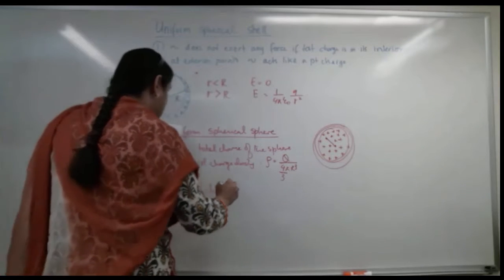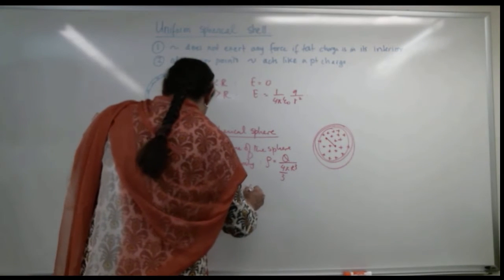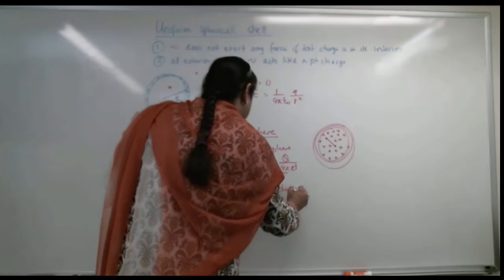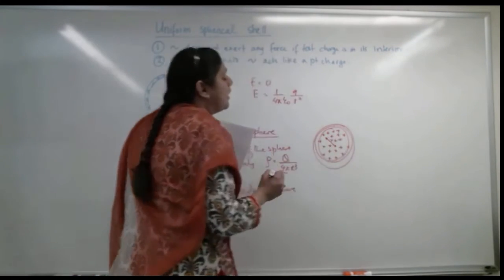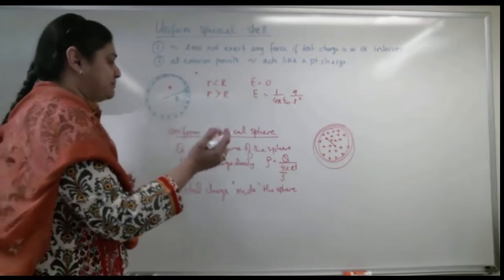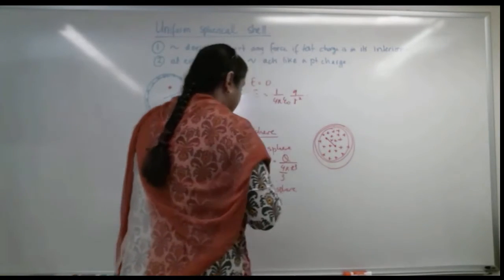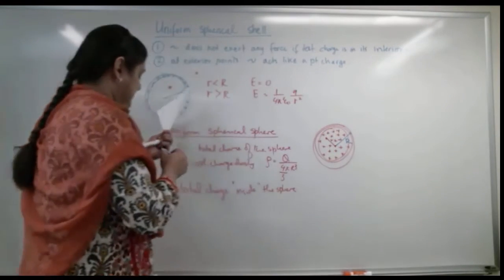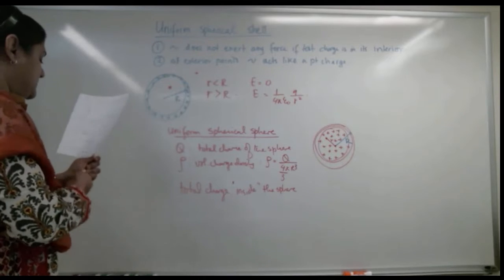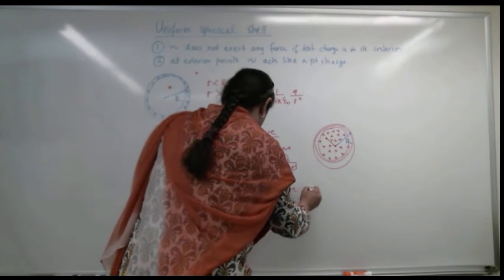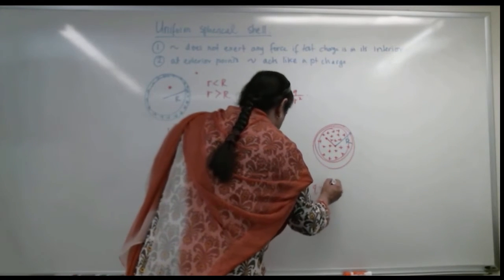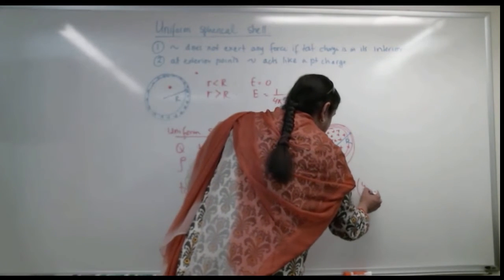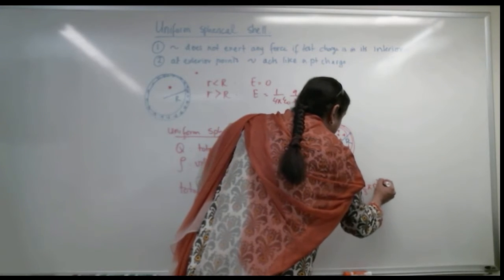So the total charge inside the sphere, if this radius is considered r, and the total radius considered big R, this will be equal to Q equals rho V, which equals rho 4 by 3 pi R cubed.